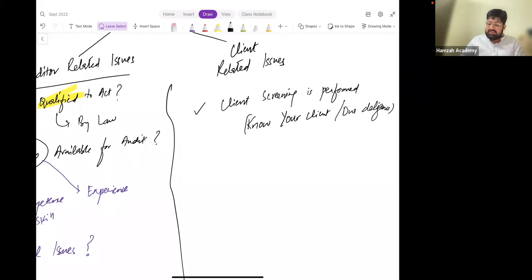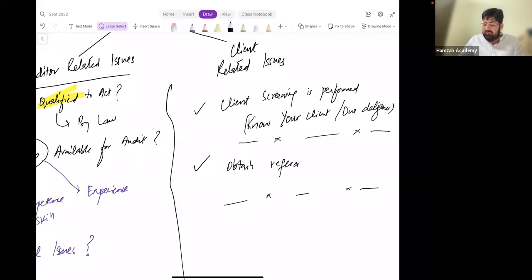Next, the second point is, after client screening, we are satisfied it is not that risky a client. Then we say, okay, obtain references and verify those references.